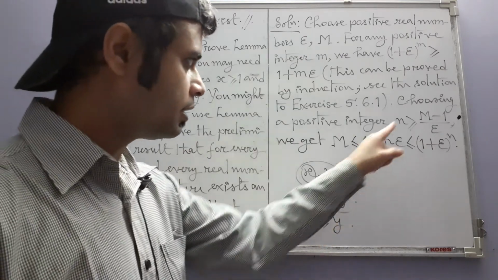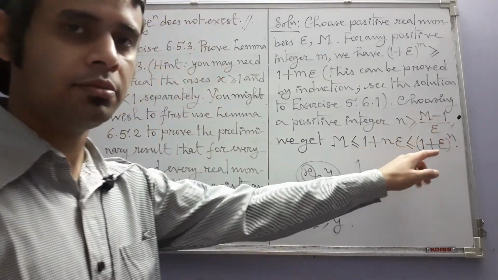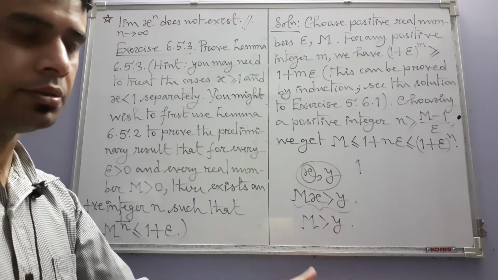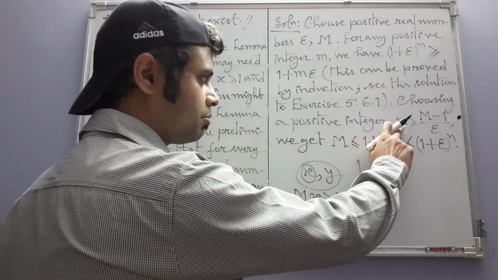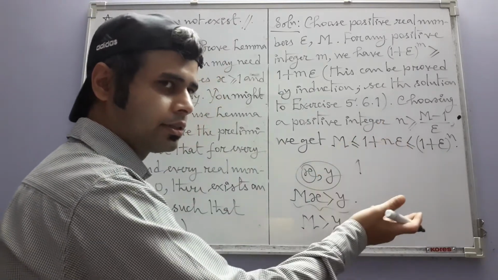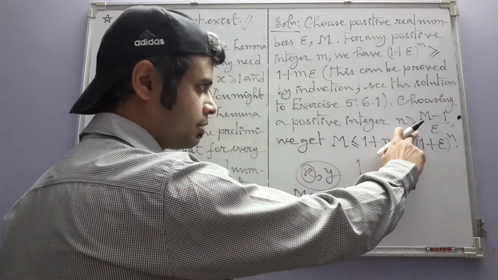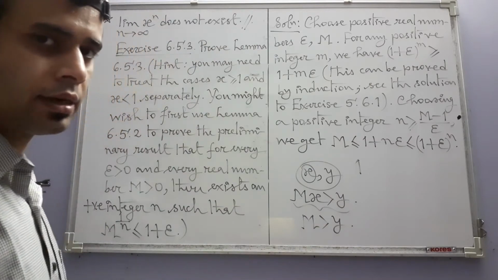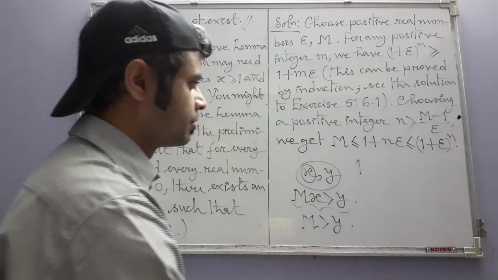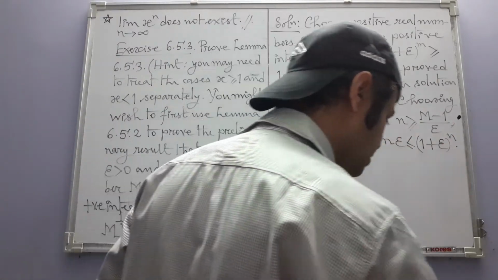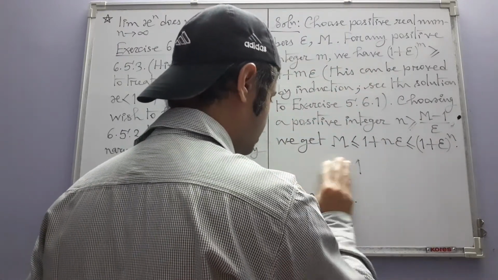So here think of m minus 1 divided by epsilon in place of y. So you will always get a positive integer greater than or equal to this. We actually have strict inequality, but you can relax that a little and have greater than or equal to. Okay, so that means we have got this. And now what does this imply?